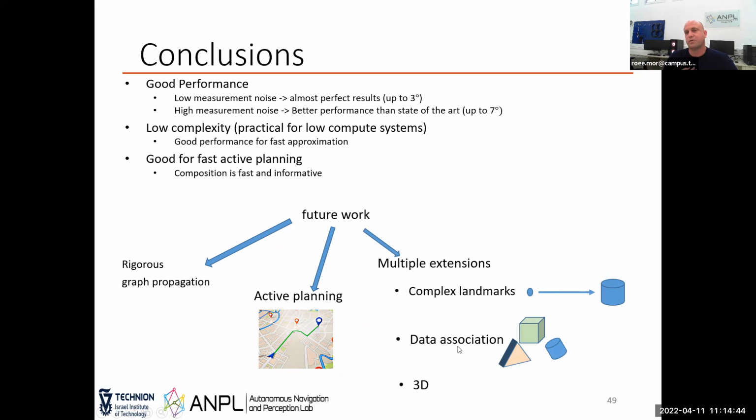Okay, so we assume we know the association. It means that we know which landmark we see at each time, but if there are association errors, there are ways to correct these errors and to cope with them in this framework. This is another line of research. And then you can also go to 3D geometry and so on.